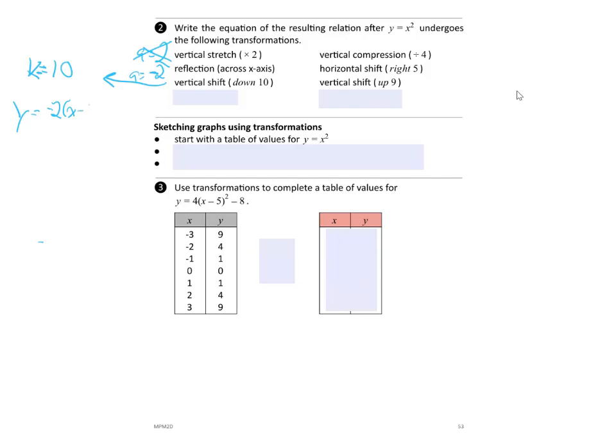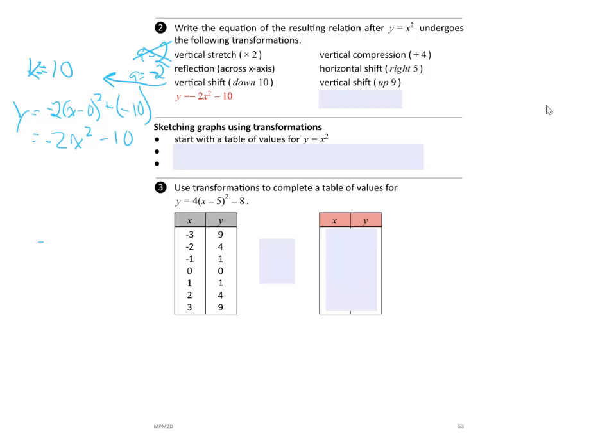Well, we don't have an h value, so it'd be minus 0, plus our k value, well, plus negative 10, which would just look like, if I simplify this, negative 2x squared minus 10. And let's reveal. Wonderful. Okay. Moving on to the next one.